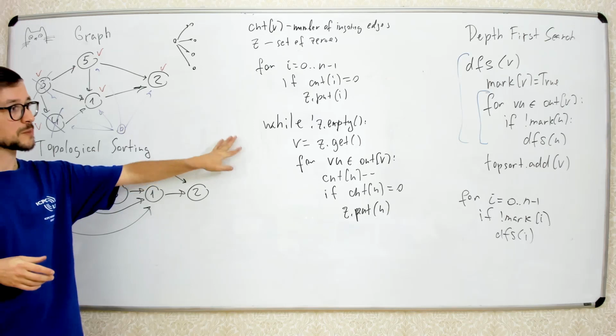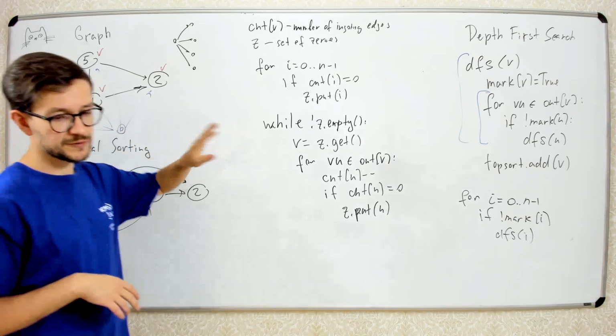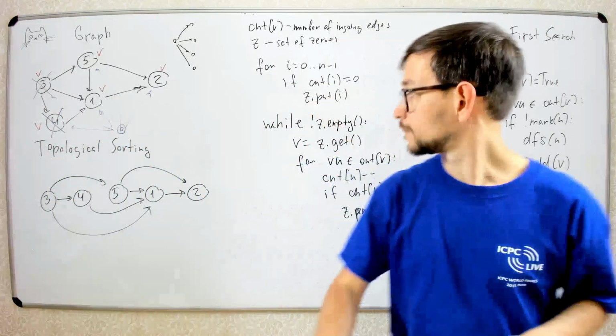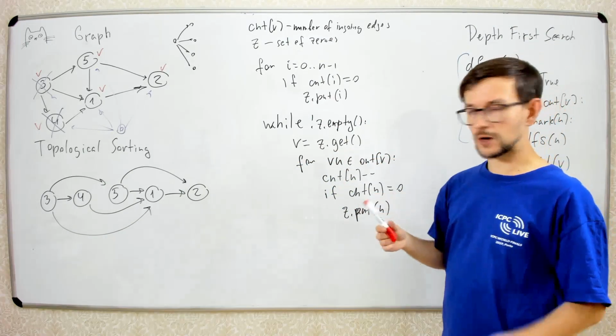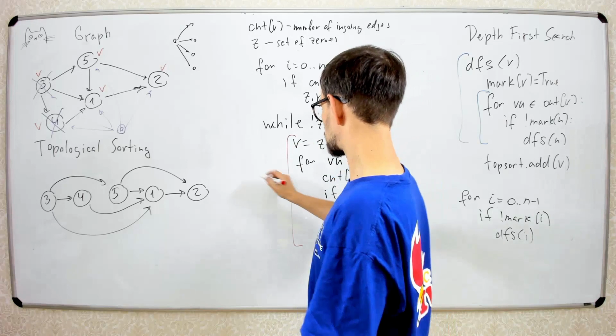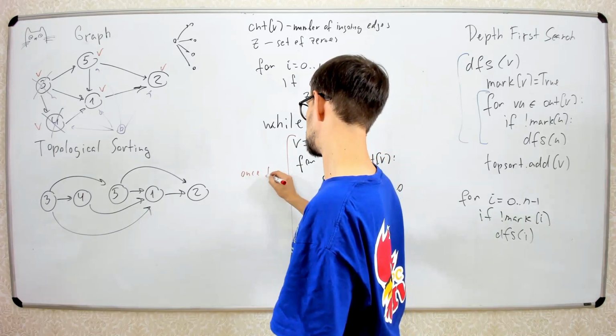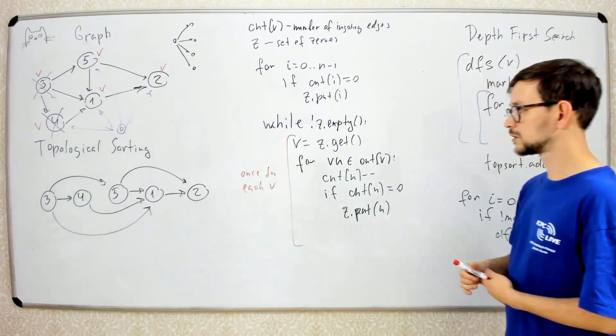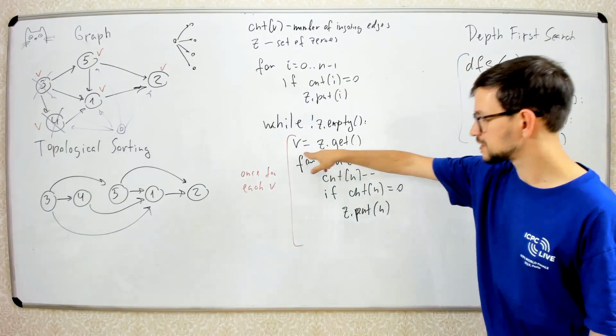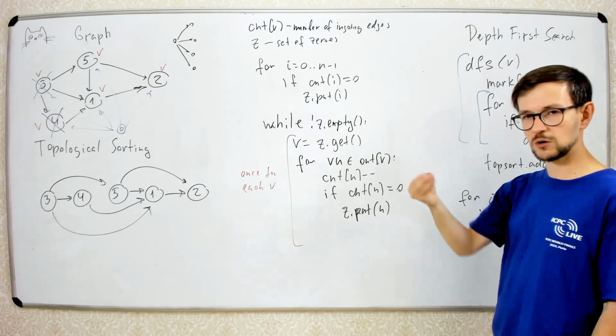Now, let's talk about the time complexity of this algorithm. Every node will be removed from the set Z only once. So each vertex is removed from the set Z only once.